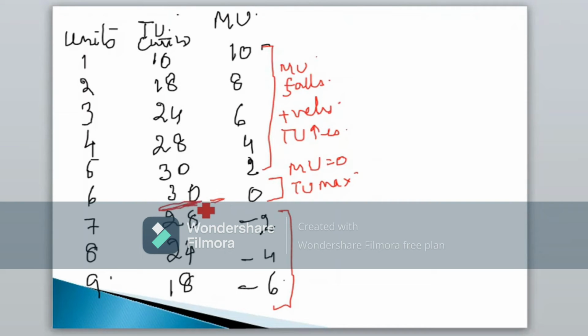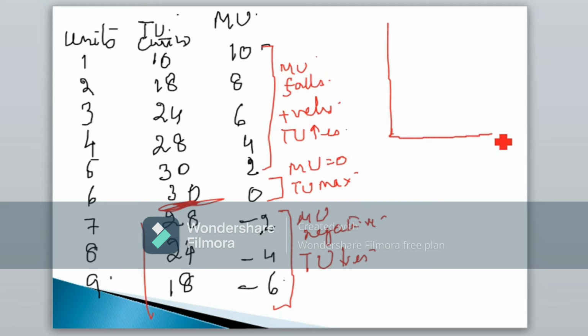Just see. And in this part, marginal utility is negative, and total utility decreases. Just see.